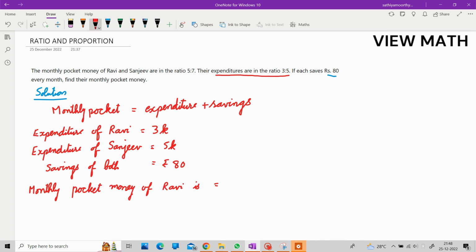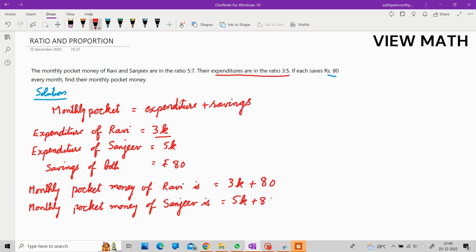Expenditure of Ravi is 3k and saving is 80. Monthly pocket money of Sanjeev is equal to expenditure is 5k plus saving is 80.